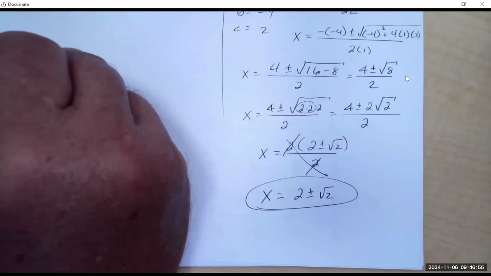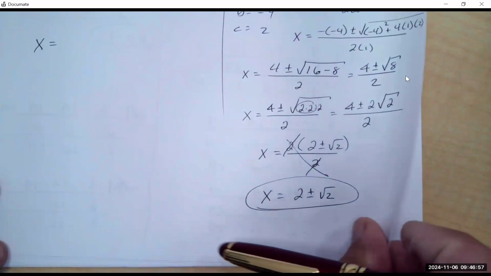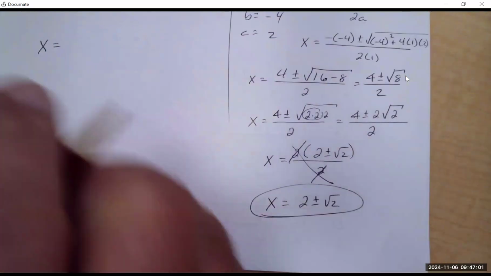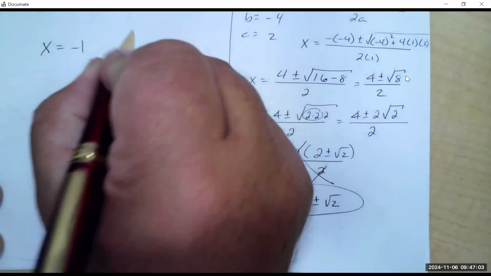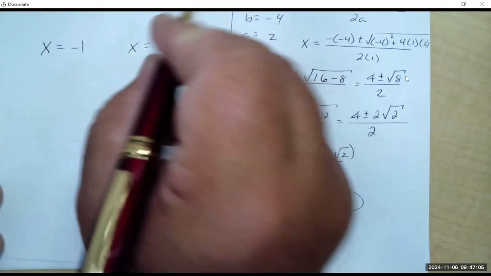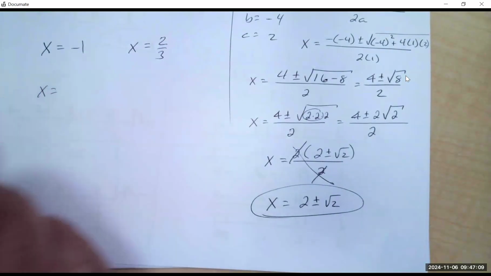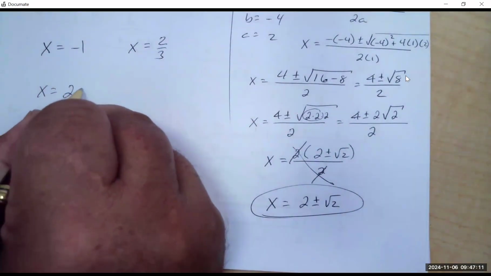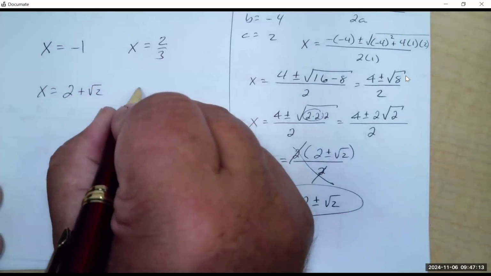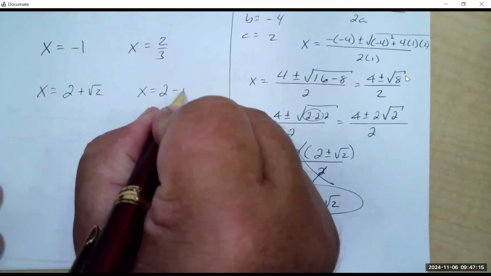So my solutions so far are x equals -1, x equals 2/3, x equals 2 plus radical 2, and x equals 2 minus radical 2.